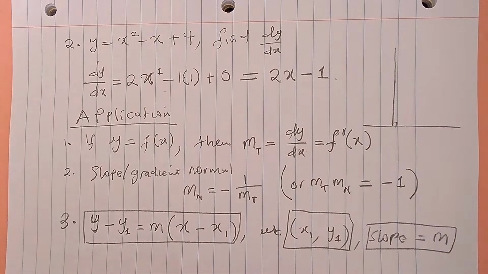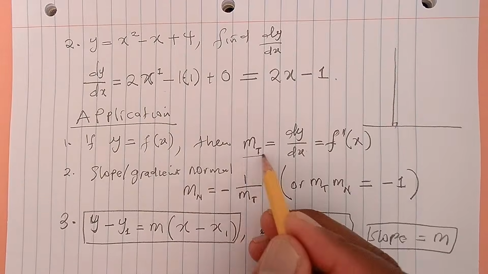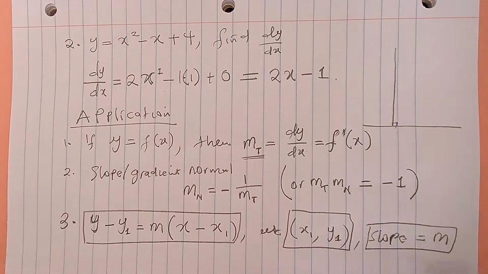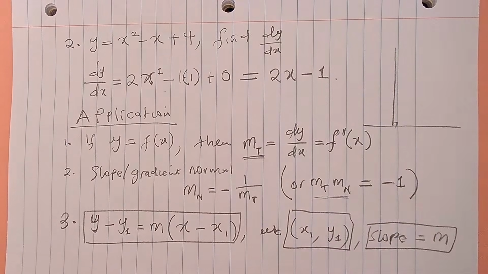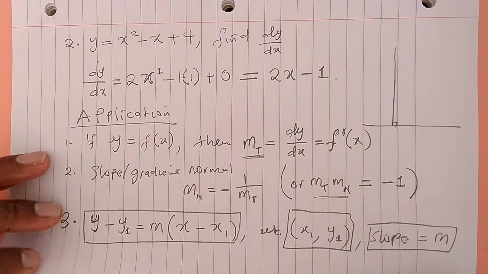So if you have the slope of the tangent, m_t, then the slope of the normal is such that their product is -1. So given one, you can find the other. All right, so let us see good examples.